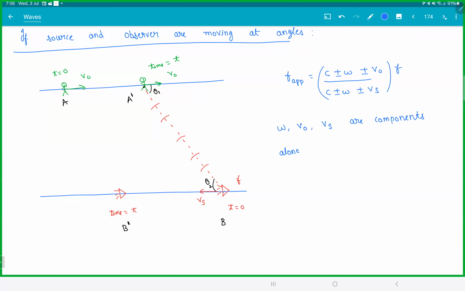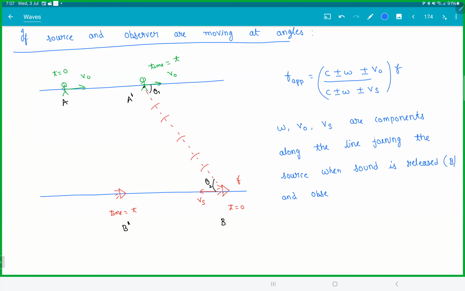Along the line joining the source. So this is the thing here, see. Line joining the source when sound is released. So the source is important when it is releasing the sound. That is point B. And the observer when sound is received.